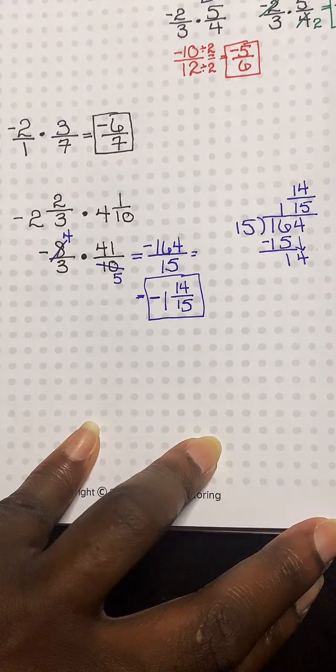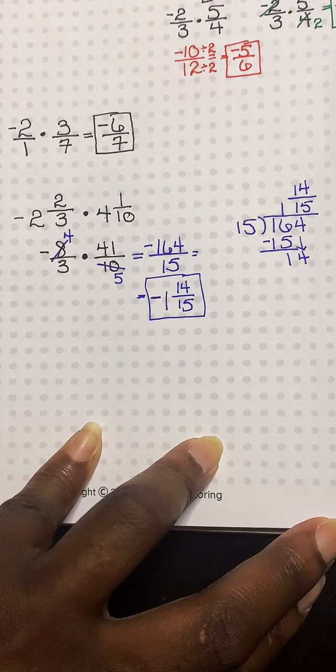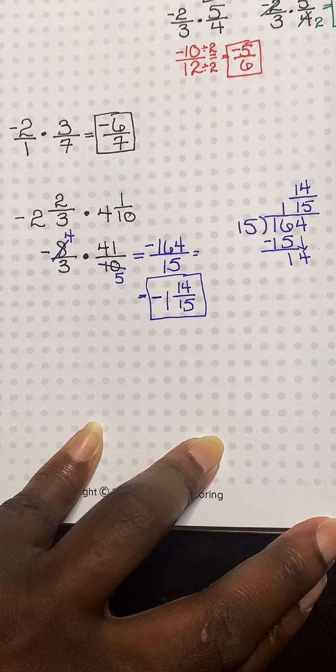Okay, 15 goes into 14 0 times. Because 14 doesn't divide, you indicate 0. Because 15 goes into 164 10 times. The answer equals 29 15ths. As a mixed number, as a decimal, 3 repeating, but it was 15 going into 16.